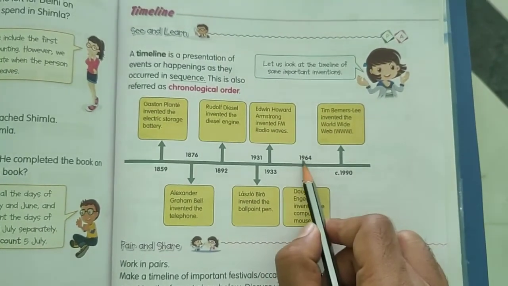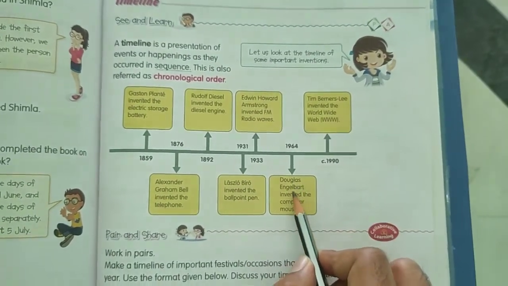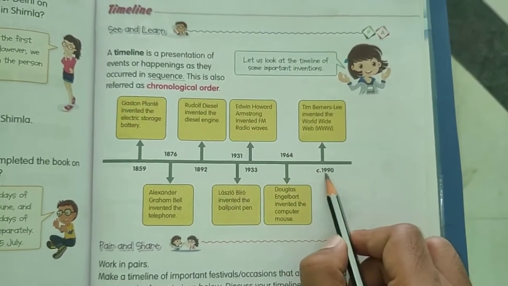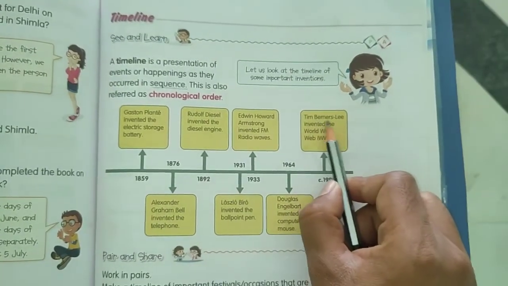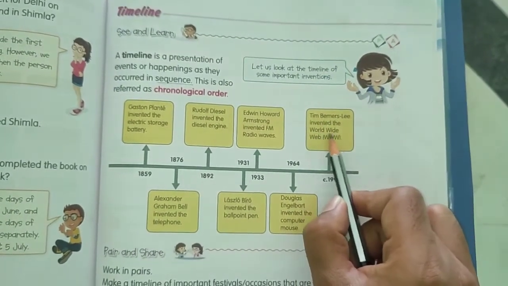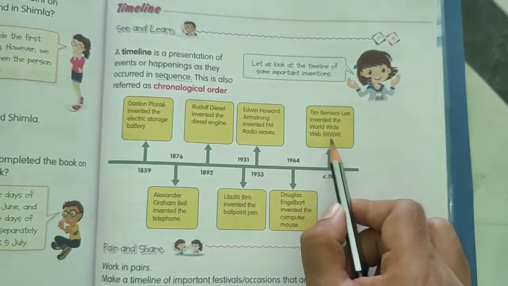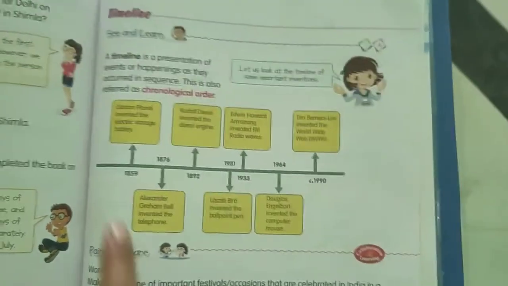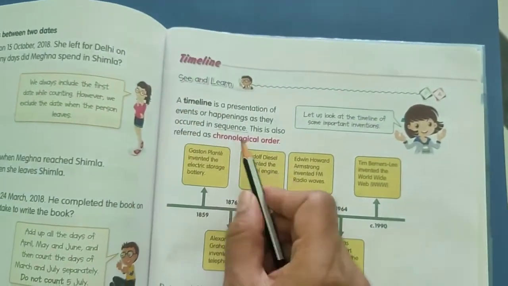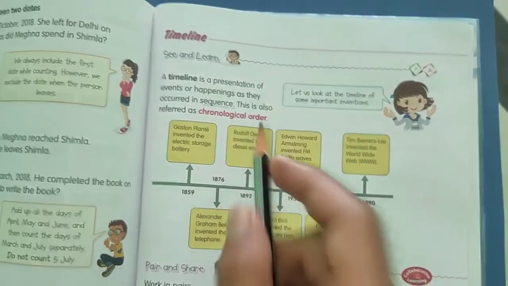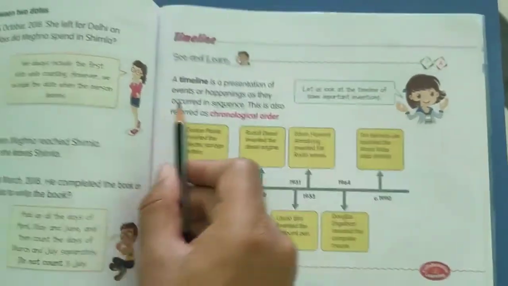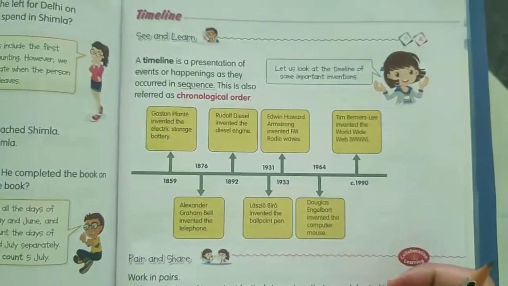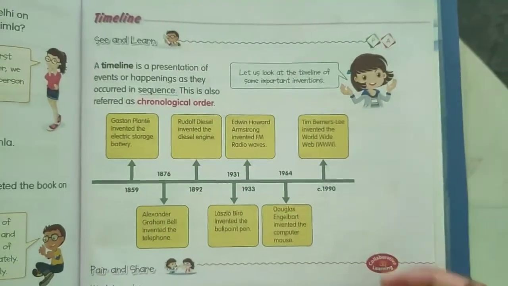Then 1964, Douglas Engelbart invented the computer mouse, and then in 1990 Tim Berners-Lee invented the WWW, World Wide Web. We call it the internet. So for what purpose do we use timeline or chronological order? To show events in a particular sequence from old to new. So for this purpose we use the timeline concept.